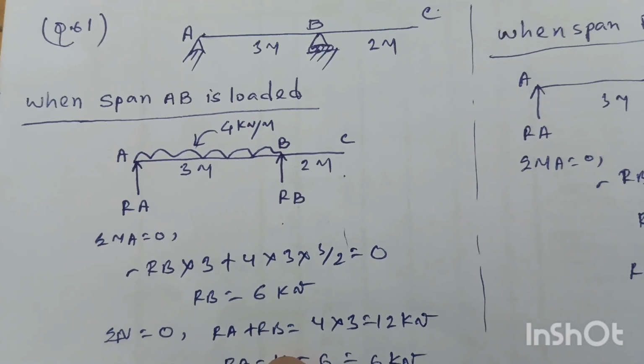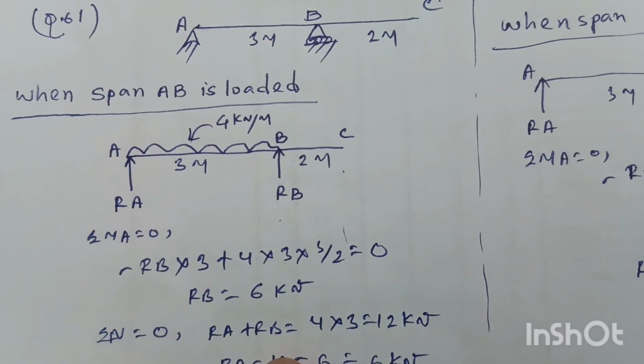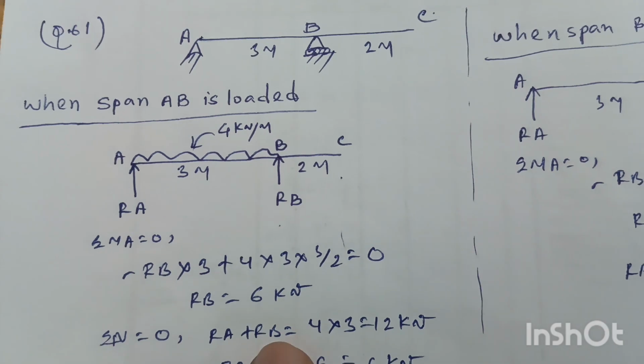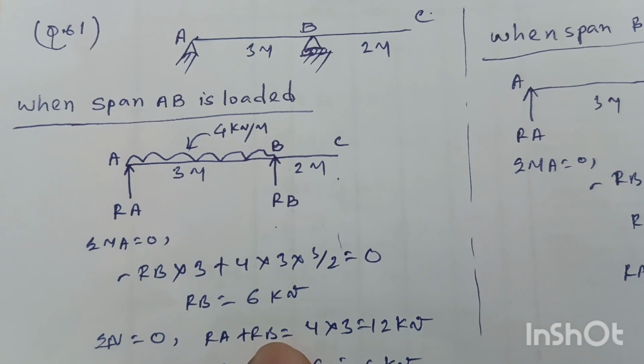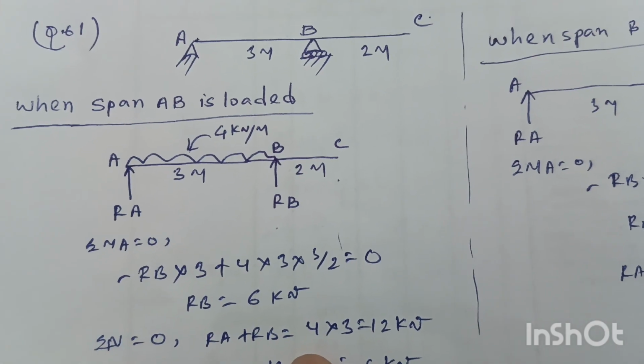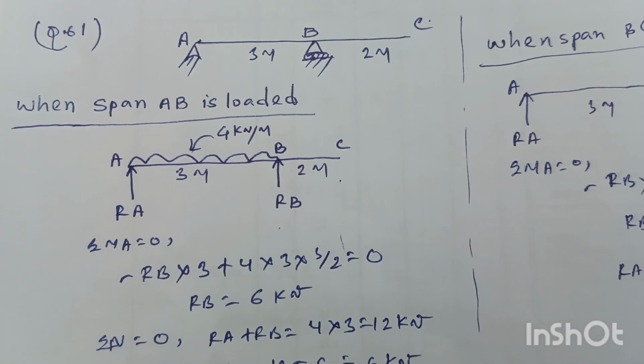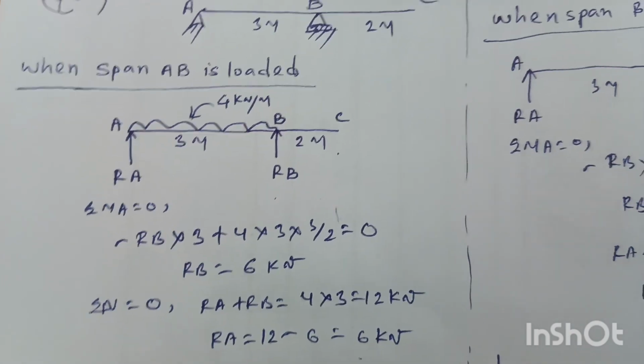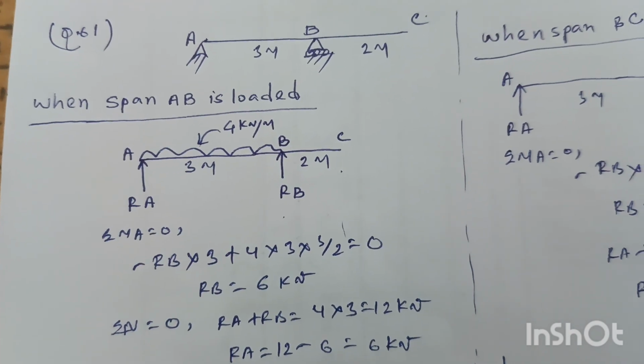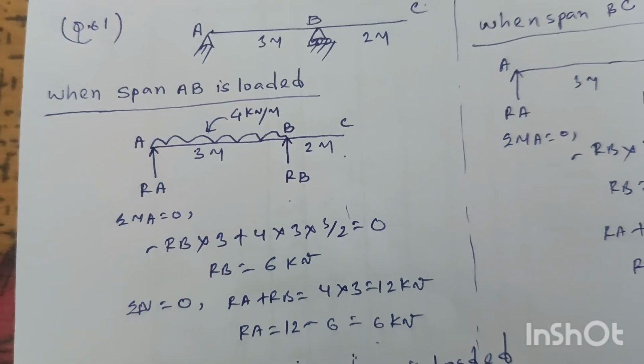After calculating, we will get RB equal to 6 kN. So reaction RA plus reaction RB equals the downward load 4 kN into the span 3 meters, so 12 kN, and we got RB equal to 6 kN. So RA will be equal to 6 kN.